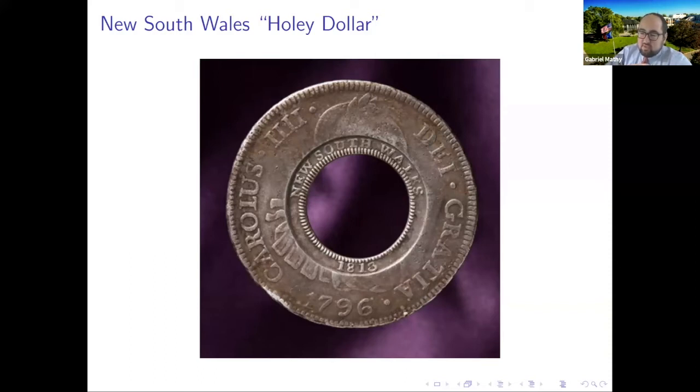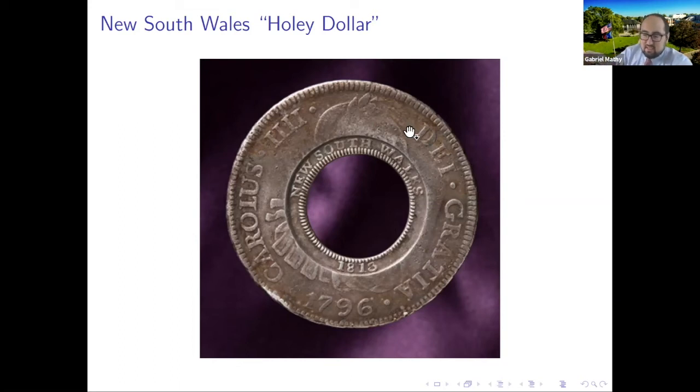And so what you do, to stop it from going back to Spain or somewhere else, is stamp a hole in it and write New South Wales on it. So now it's no longer a Spanish dollar. And then you can use the little hole in the middle as a smaller denomination coin. This is a kind of direct way to try and stop money from leaving the colonies. And that's effective. It's not going to go back to Spain now.